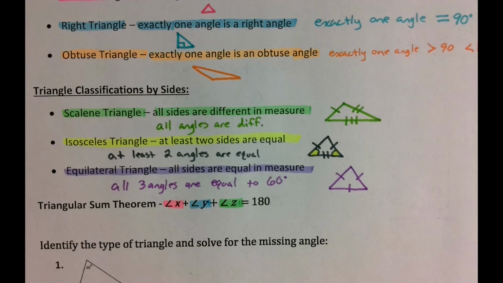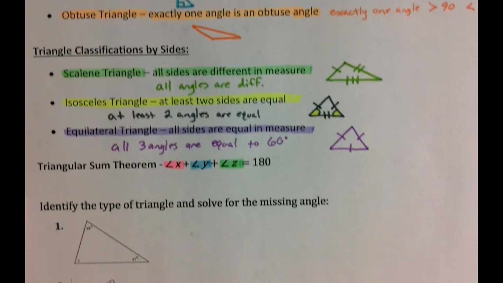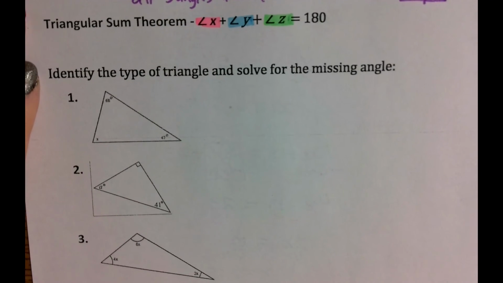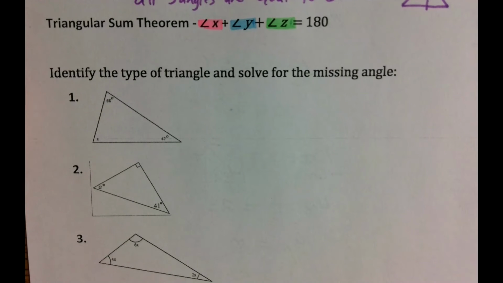Doesn't matter if it's scalene, acute, obtuse, isosceles, any kind of triangle. All 3 angles added together will always equal 180 degrees. So it's important for you to remember that all triangles are 180 degrees in their measure.